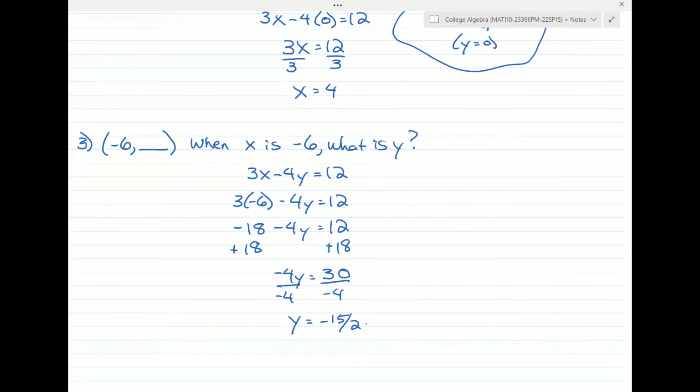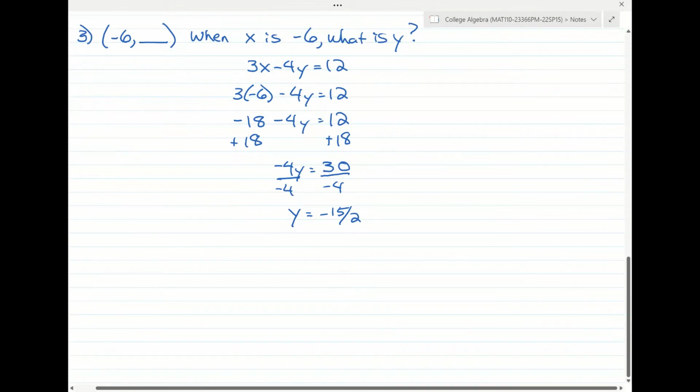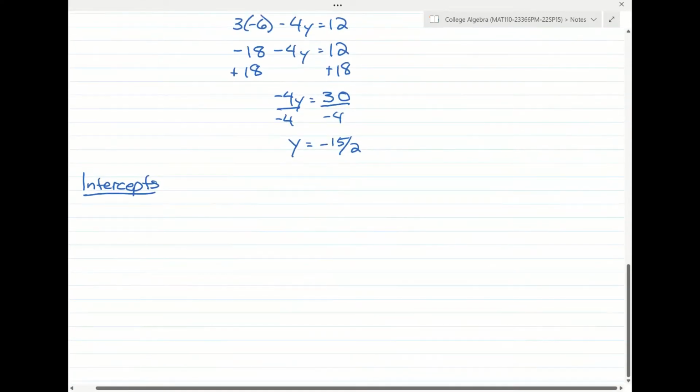All right. So when we get to the intercepts, which I had talked about before, when we talk about an intercept, this is just where a line crosses an axis.